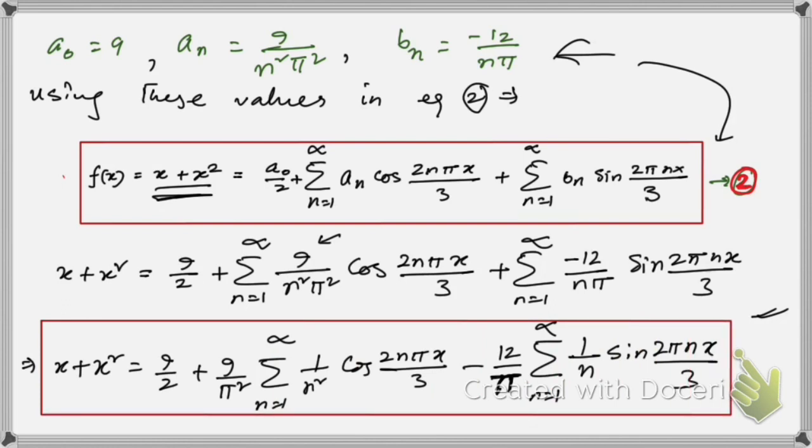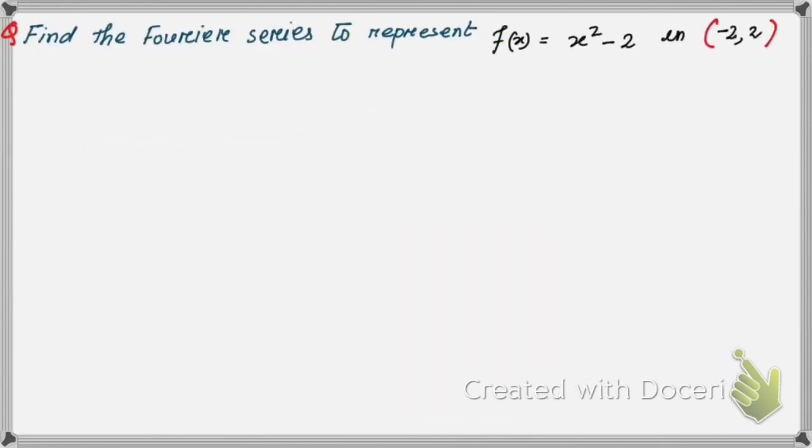Okay, so what was the next problem? So this is the question we are to solve now. Here you see, so let me write the given function first. Now here this is the given function. If you see this interval, this is not in this form 0 to twice l. This is in this form minus l to plus l, right? So here 2 will be considered as l.